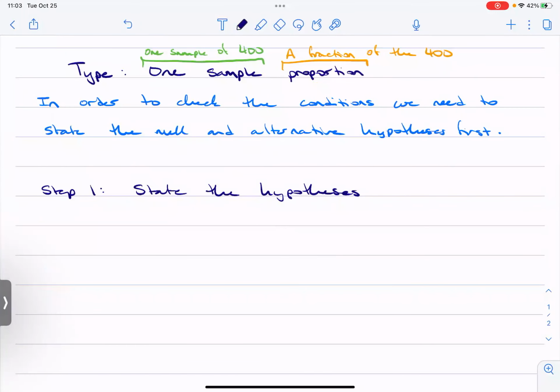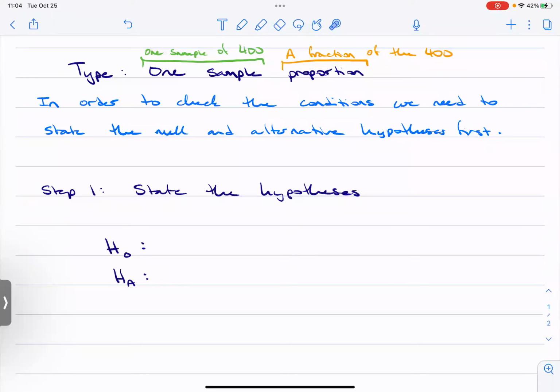How I would probably start is I would start by saying H naught and then HA, remembering that these are statements. So we use colons here, right? Just kind of setting the stage. And then really what I'm doing is I'm filling in the blanks here. And this is always going to be where you start.